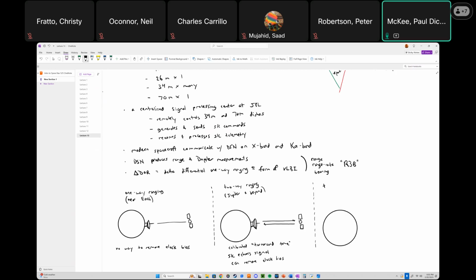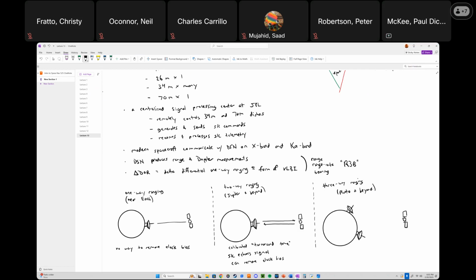There's also three-way ranging. This would be for Pluto and beyond. In this case, we've got one ground station here and another ground station here, and your spacecraft is way out in the middle of nowhere.